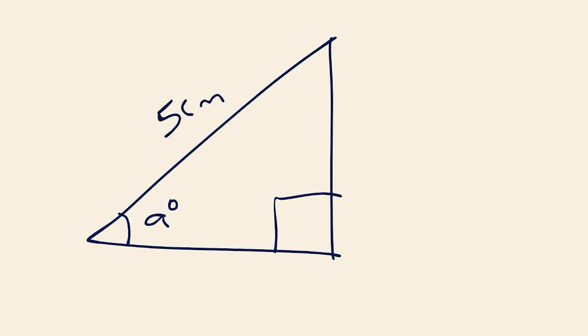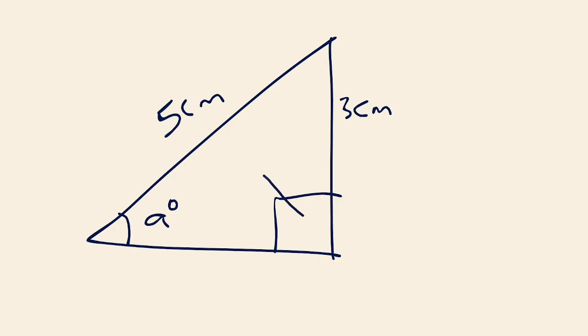Given this, let's draw first. This is your right angle. This is your A degree. This is 5 centimeters. This is 3 centimeters. The first step is to identify the three sides of your right angle triangle.